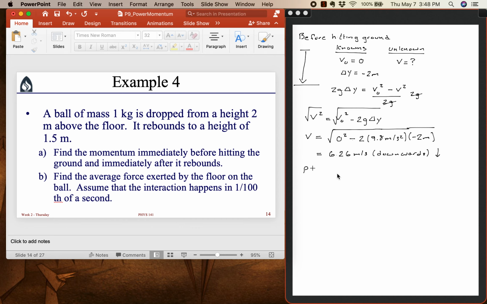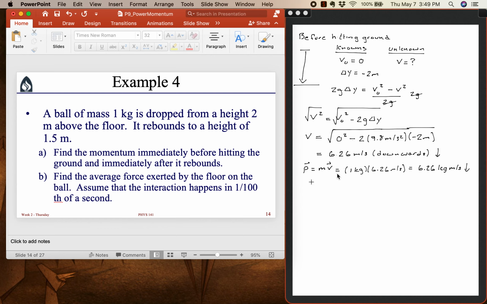So the momentum of the ball right before it hits the ground is going to be equal to the ball's mass times its velocity. The ball's mass is 1 kilogram times the velocity of 6.26 meters per second. And so that means its momentum will be 6.26 kilograms times meters per second, also in the downward direction.